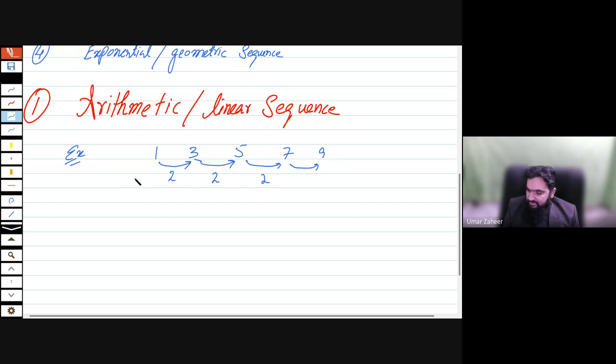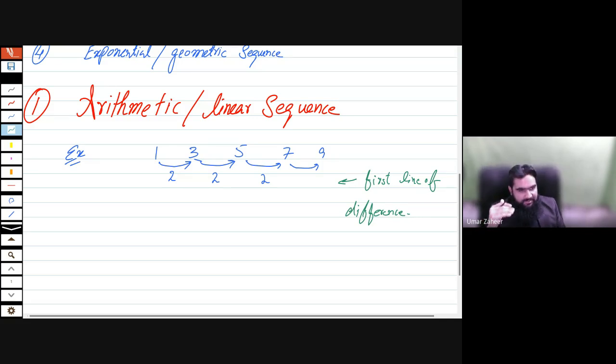So basically, this is the first line of difference. And if the first line of difference is the same, such a type of sequence is known as an arithmetic sequence or a linear sequence. Yes, everyone, any question up to here?